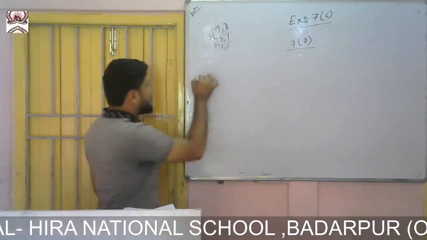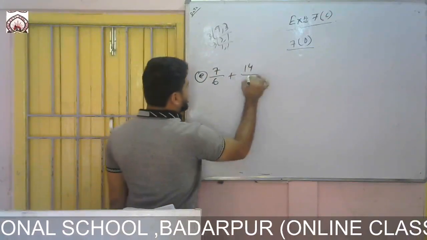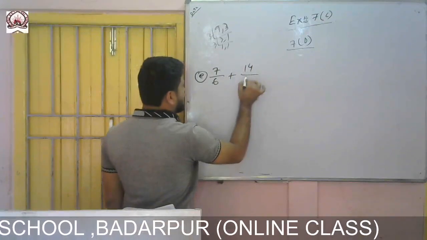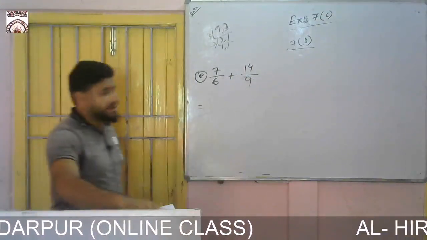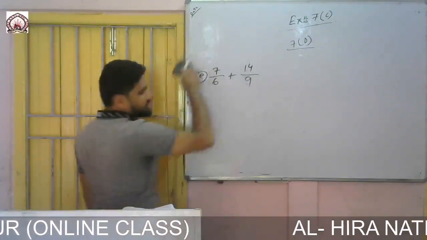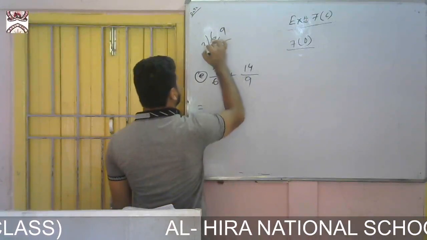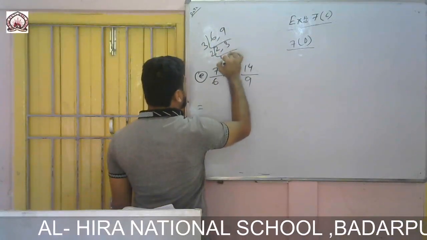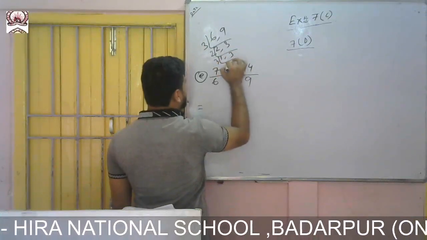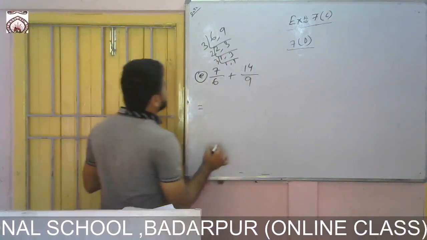So take the LCM of 6 and 9. 6 comma 9, you take 3. 3 twos are 6, 3 threes are 9. Now 2, 1, 3. Now again 3. So 3 threes are 9, 9 twos are 18.